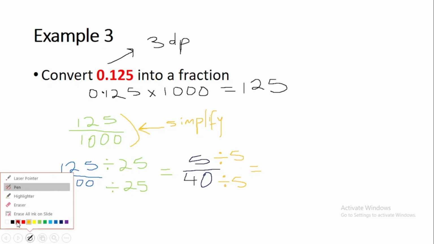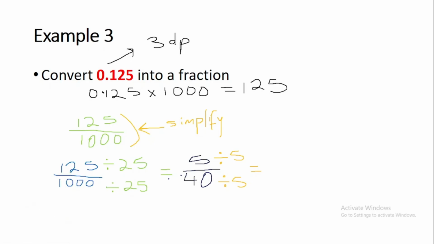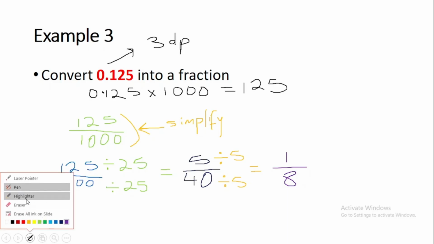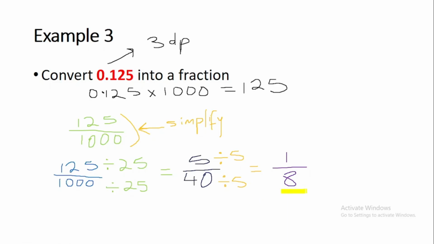So 5 divided by 5 is going to be 1, and 40 divided by 5 is going to be equal to 8. So we end up with 1 over 8. Alright, so that's going to be our final fraction. So 0.125 written as a fraction is going to be equal to 1 over 8. So this is our final answer.